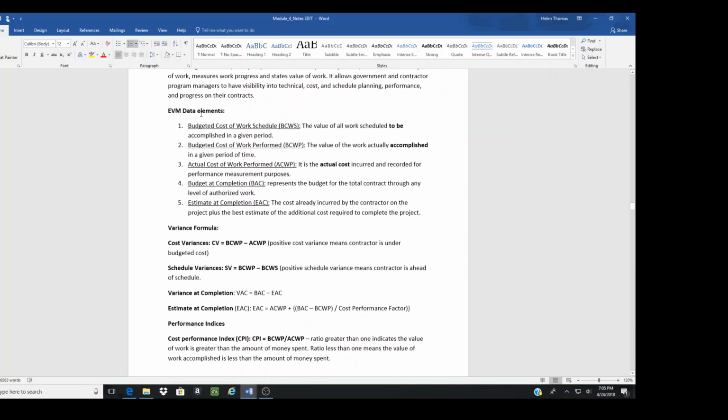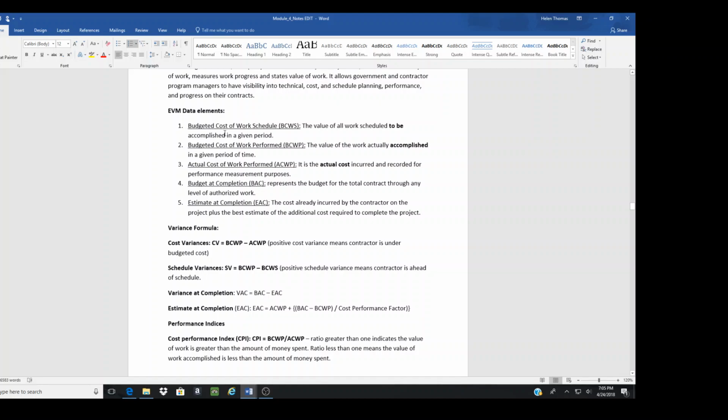The earned value management data elements. So you have 5 different things here. And based on knowing the definition of these, you're going to have to do some calculations, some variances also. So budgeted cost of work scheduled, which is the value of the work scheduled to be accomplished.